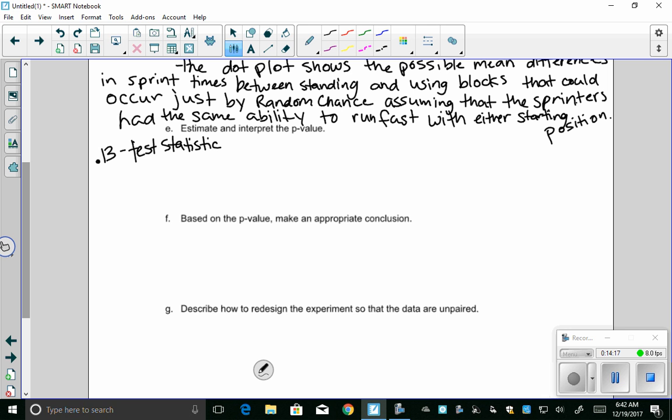Your dot plot shows that only 1 point, one trial out of 100, was above 0.13. So my p-value was 0.01.